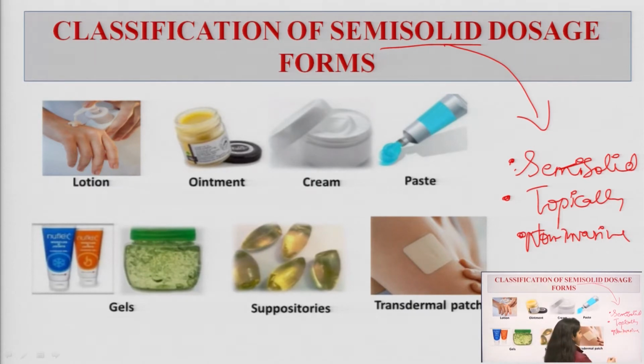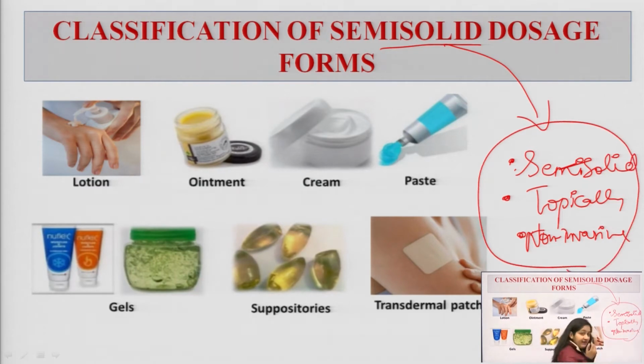When we have these three things in mind, we can proceed to understand what are the basic types of semi-solid dosage form. The very first thing that we come across here is lotion. Lotion is a type of semi-solid dosage form.